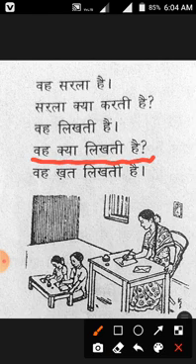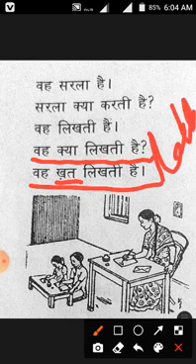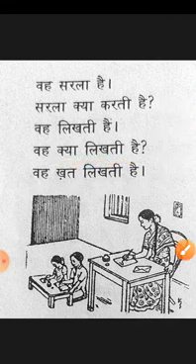Whenever we express a singular female action, you should use ती है with the verb, when you write or speak in Hindi. वह खत लिखती है. She writes a letter. खत means letter. Letter means what the postman brings, not the alphabet. So वह खत लिखती है. She writes a letter.